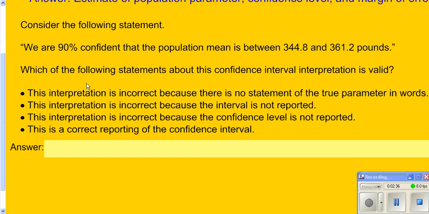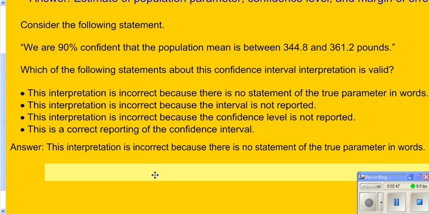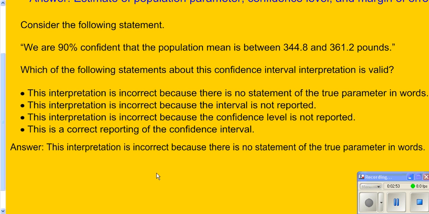So let's take a look at this first one. We are 90% confident that the true mean is between this and this. Well, this would be an incorrect one because there's no statement of what we're trying to find the estimate of, as in no statement in words of what our true population mean is. Are we talking about weight of lambs?